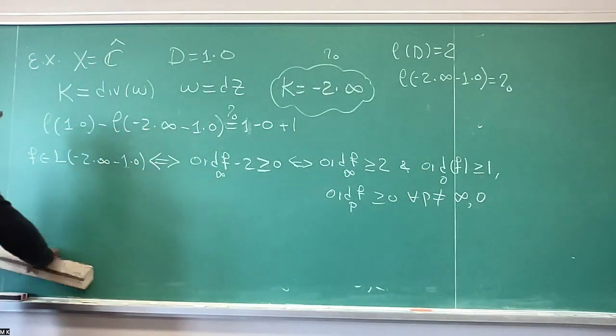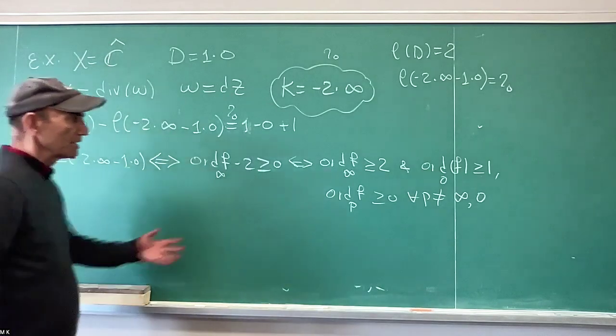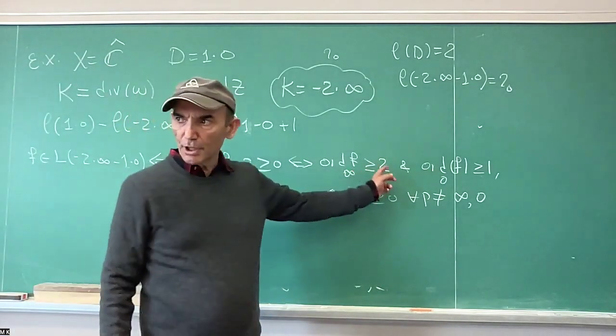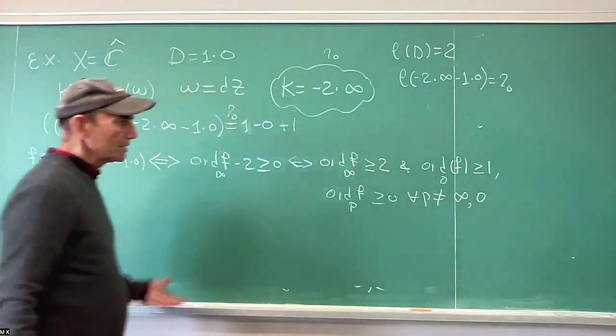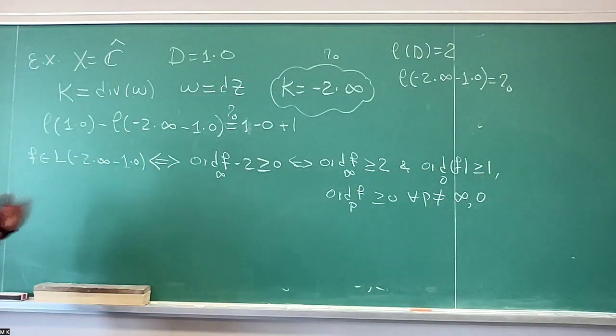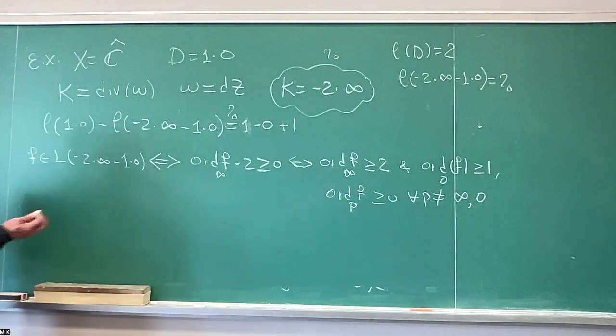Okay, now let's look at this. We have 3 conditions for our function. So again, it's a good idea to write it in terms of Laurent expansion around 0.